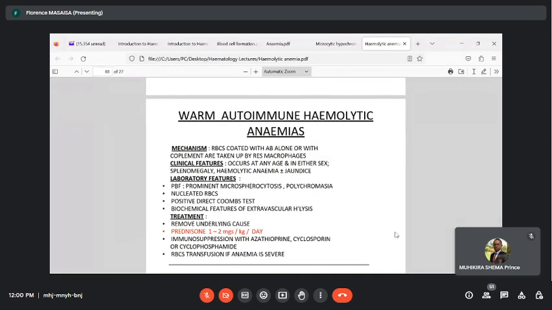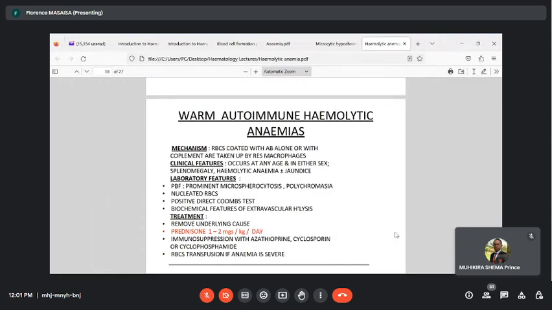A positive direct Coombs means you will see antibody attached to the red blood cell. Indirect Coombs tests for antibodies which are still circulating without being coated onto the red blood cell. So the difference between direct and indirect Coombs is that one is positive for red cells already coated with antibodies, but indirect is for antibodies just circulating.